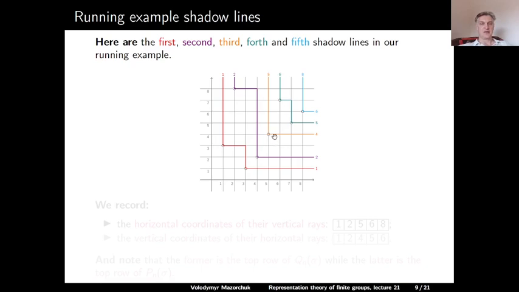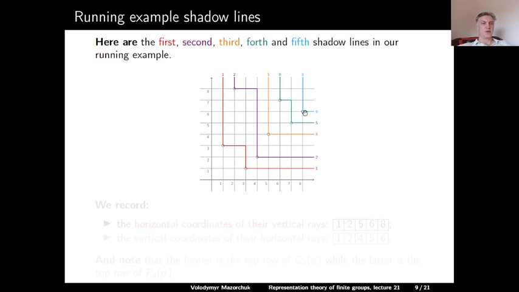It contains the point 5, 4 of our graph. Then the fourth shadow line is teal. It contains the point 6, 7 and the point 7, 5 of our graph. And finally, we have the blue shadow line number 5, which contains the point 8, 6 of our graph.